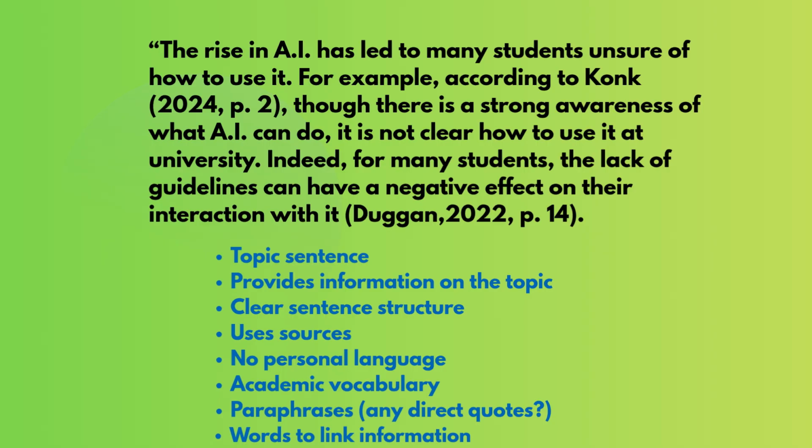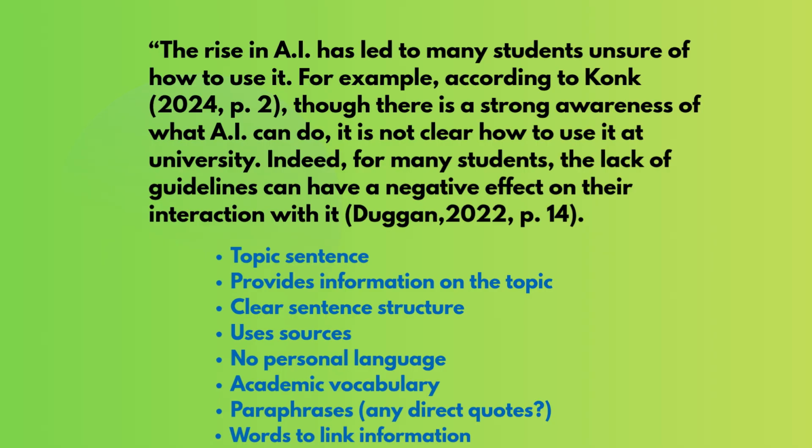And Duggan is a non-integral citation, which means it's written like this. So the information from Duggan is useful, but the way you've written it, you're trying to say that Conk is more important to the sentence than Duggan. But they're both citations, okay? And so they are both good sources of evidence.